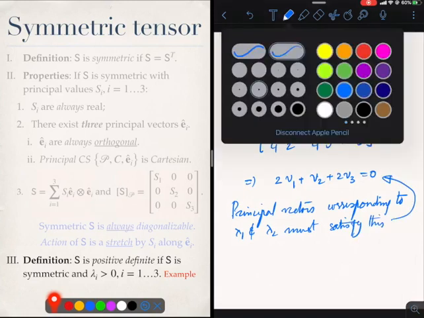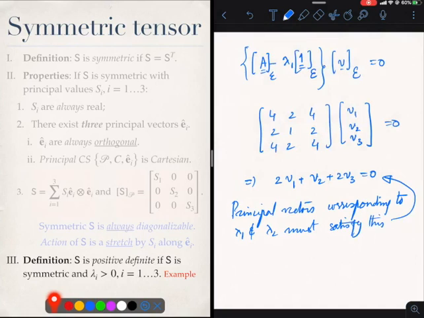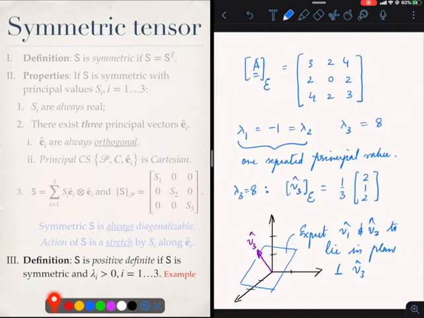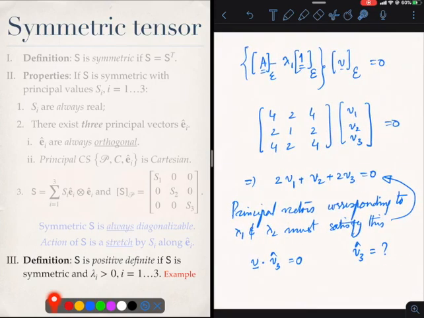But really, what is this equation saying? This equation can be written as V dotted with V3 equal to 0, because remember, what was V3? V3 was (2, 1, 2), right?